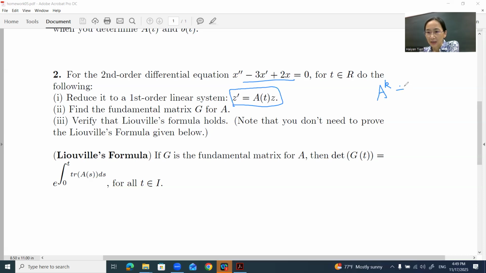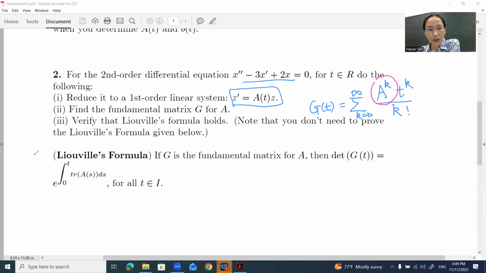Then this is the power series expansion for the fundamental matrix. So you can use that technique, k from 0 to infinity, to discover the fundamental matrix. Yeah, so the important thing is that you want to decide a pattern, right?